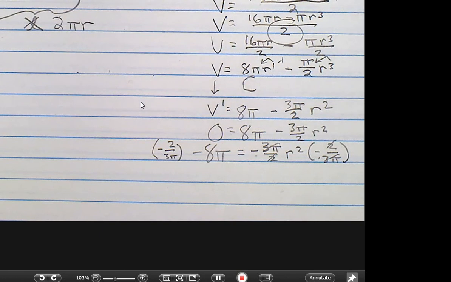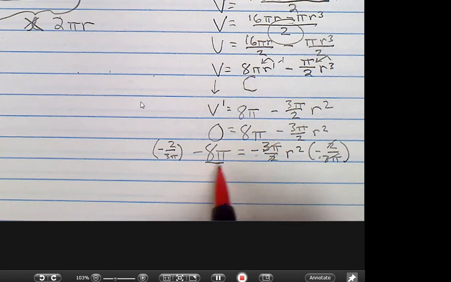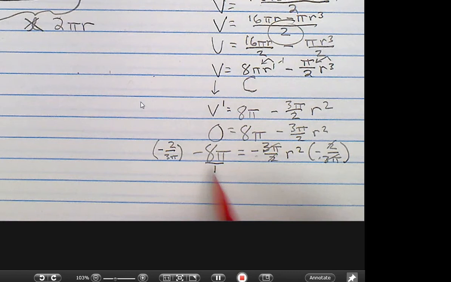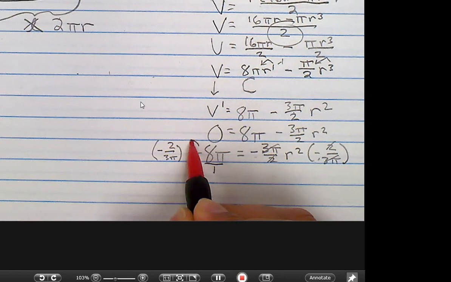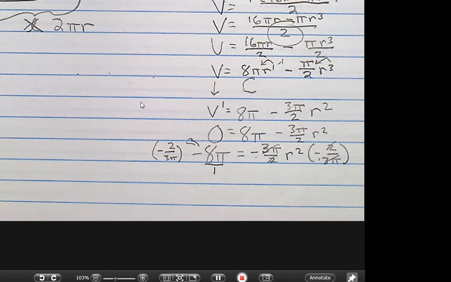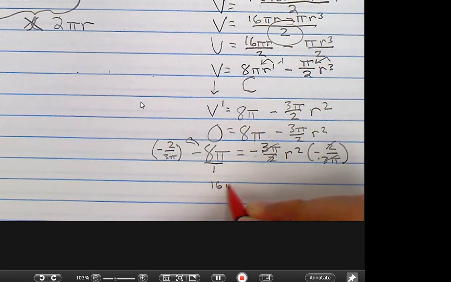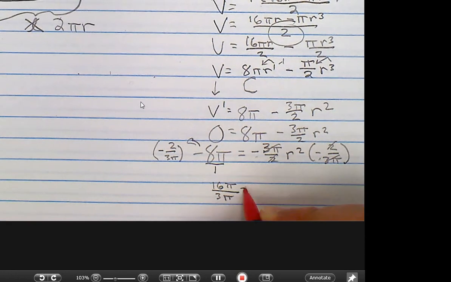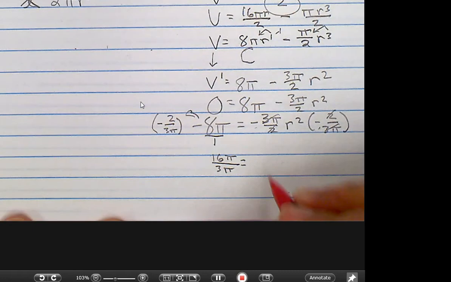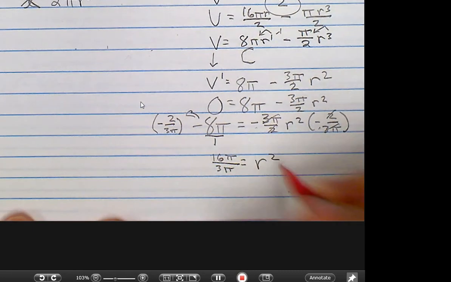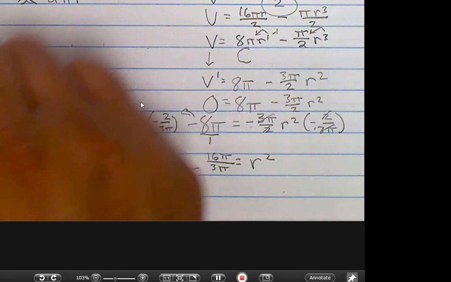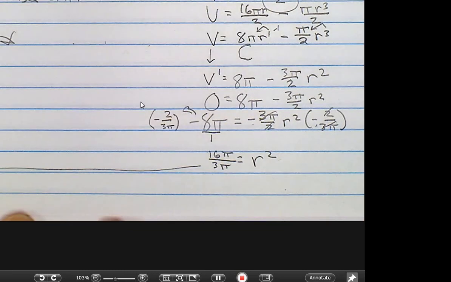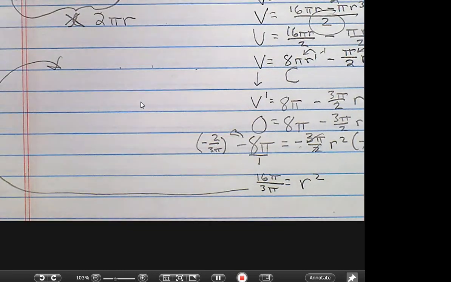Okay, this is really 8 pi over 1, so it goes up top, multiplies with the negative 2, makes 16 pi over 3 pi, and that equals r squared. Let me move over here, get some more room. So what happens with the pi's?